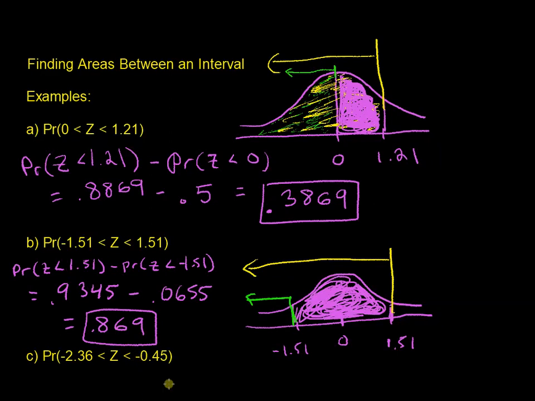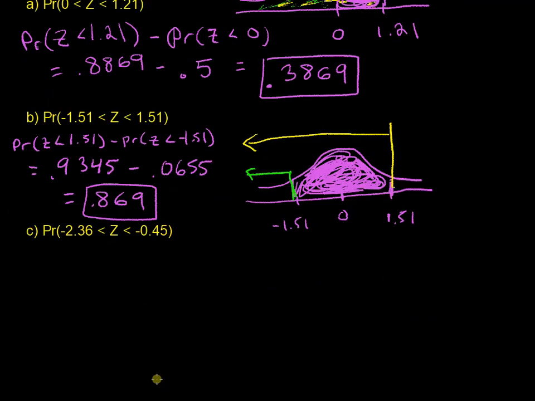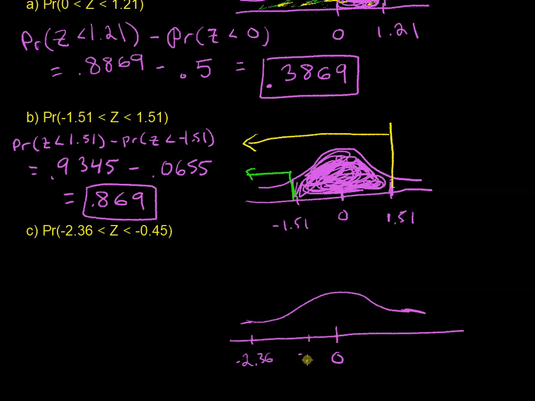All right, let's do one more example. In this case, I'm going to draw it out. I think it's always a good idea to start with drawing out a curve, putting 0 in the center, and then thinking about what area you're trying to find. Okay, so here is negative 2.36, to the left of 0, and then negative 0.45 is also to the left of 0.